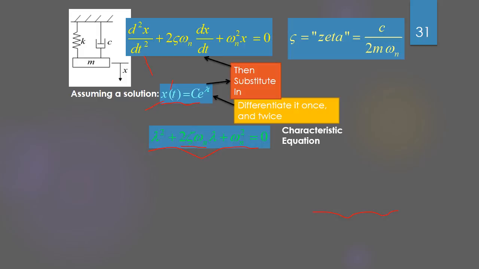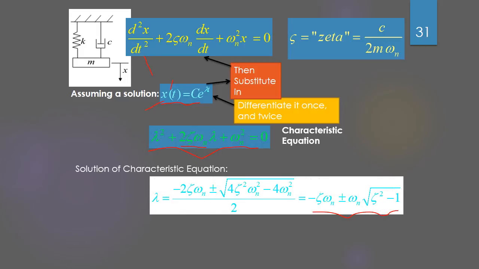And if you look at this equation, we see that it is a quadratic equation where a is 1, b is 2 zeta omega n, and c is omega n squared, and we can apply it to find the solution using minus b plus or minus the square root of b squared minus 4ac, divided by 2a.